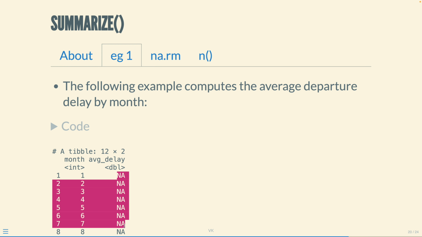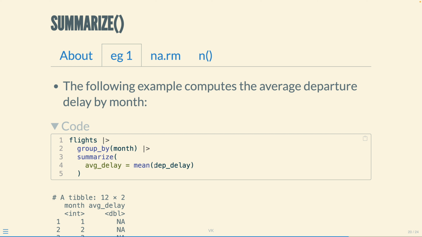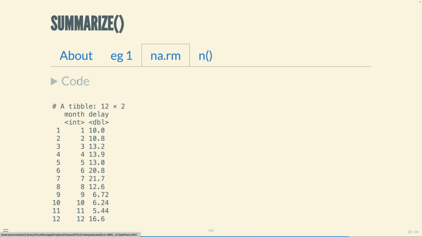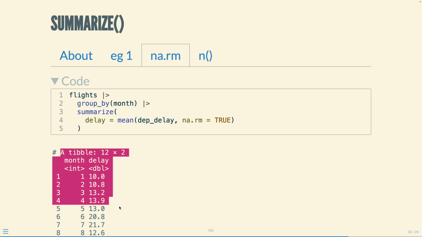We have all these NA values, right? So why did that happen? Because maybe we have some values that are NA values in departure underscore delay, right? So what we can do then is just put na.rm equals true. That means that we are removing the NA values before calculating the mean, and then R calculates it beautifully, right?